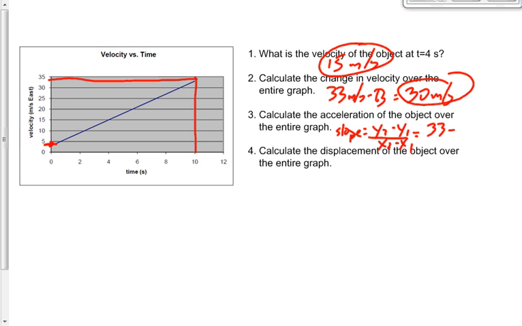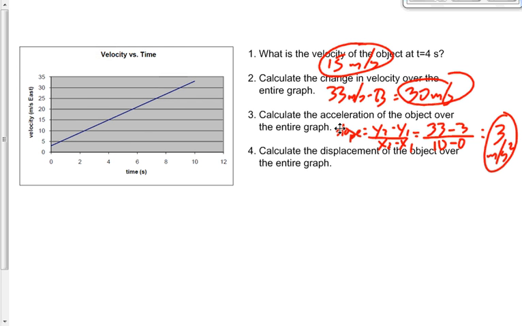So 33 minus 3 over x2 is 10 minus x1 is 0. So it becomes 33 minus 3 over 10 minus 0, which gives me 3. And it means acceleration, so it's going to be meters per second squared. So it's accelerating, not moving at 3, it's accelerating at 3.